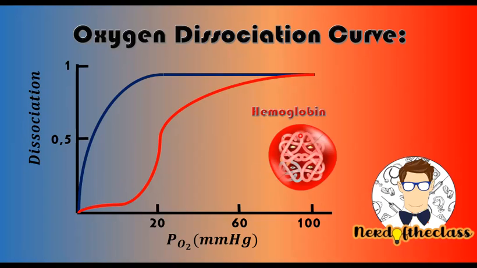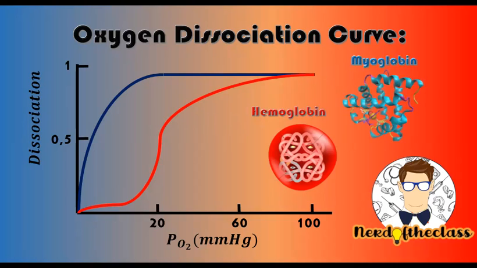Consequently, the more partial pressure, the more oxygen will be connecting with the first one, and then the second one, and then the third one, and then the last one. And each time it is easier. That's why this curve starts very low, but then increases, and then plateaus again. This increase here is the cooperation phenomenon.